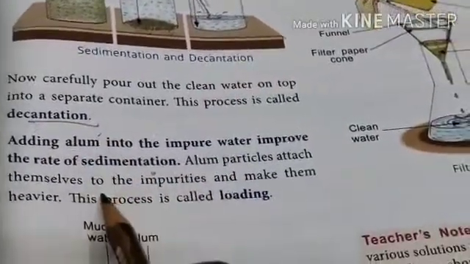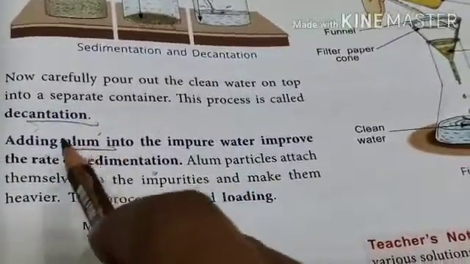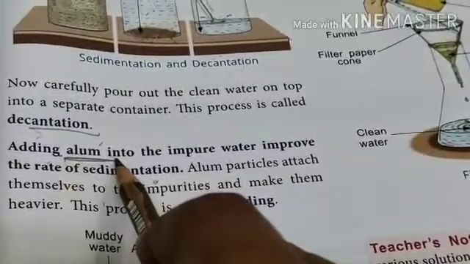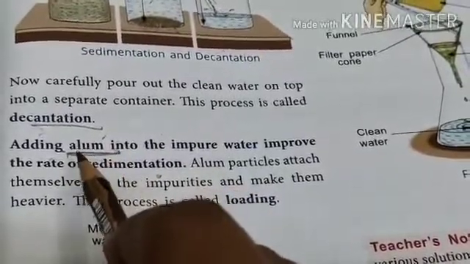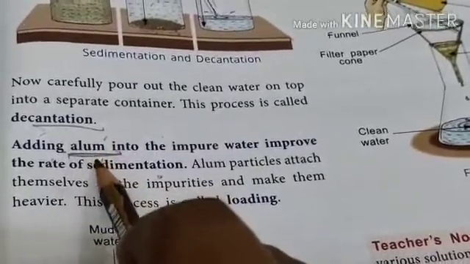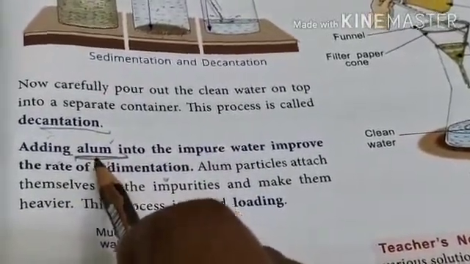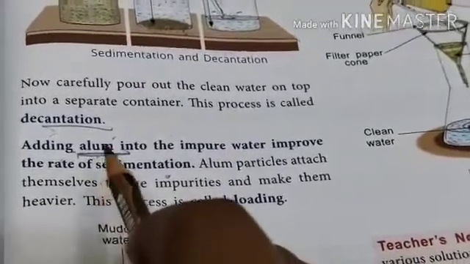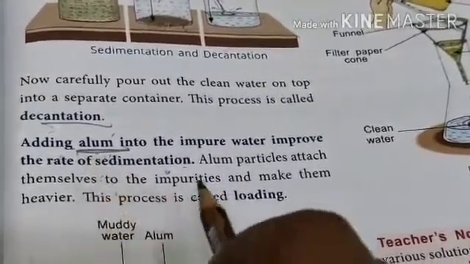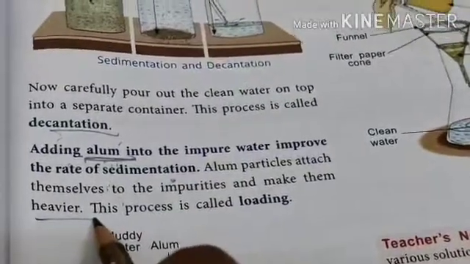Now here one more method is there, adding alum. Now what do you mean by alum? Alum is a kind of a salt. In Hindi we call it as fitkari. So this alum has the property to settle the impurities and make them heavy.